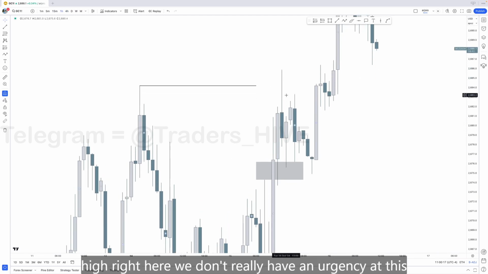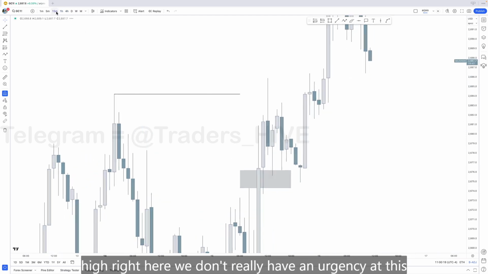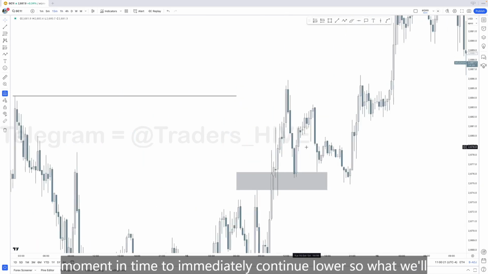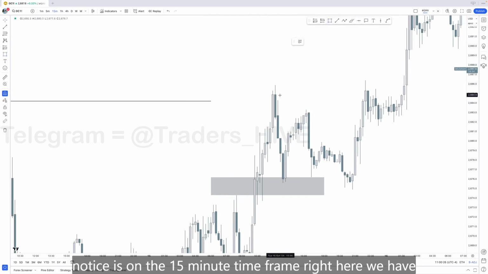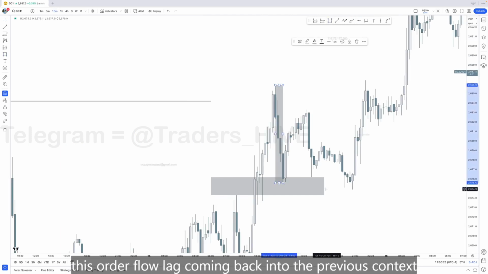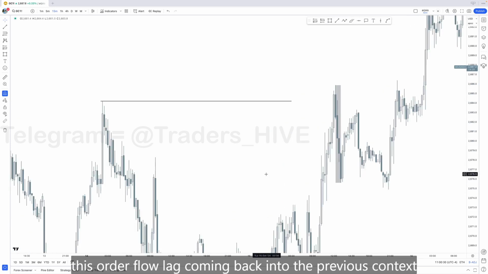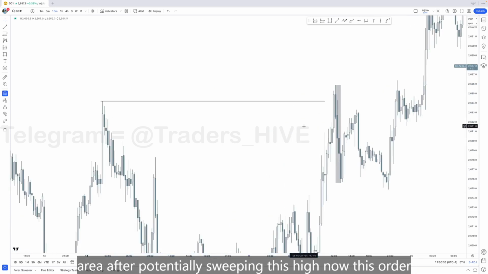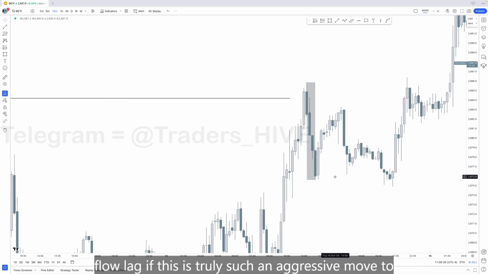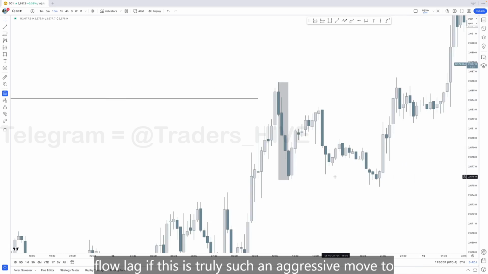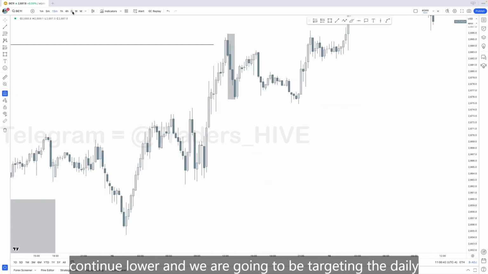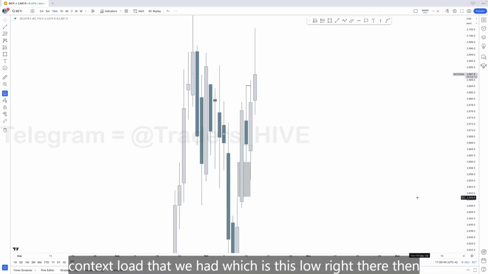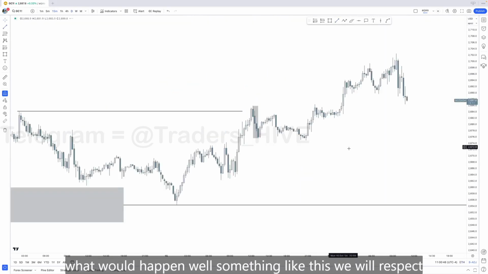When we take this high right here, we don't really have an urgency at this moment in time to immediately continue lower. So what we'll notice is on the 15-minute time frame right here, we have this order flow lag coming back into the previous context area after potentially sweeping this high. Now, this order flow lag, if this is truly such an aggressive move to continue lower, and we are going to be targeting the daily context low that we had, which is this low right there, then what would happen?